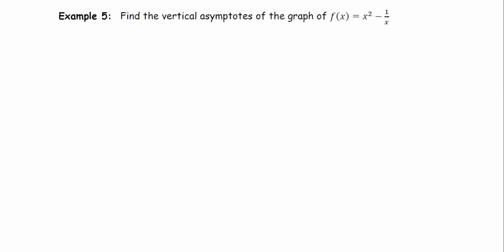So find the vertical asymptotes of the graph of f of x equals x squared minus 1 over x. So I know that if this has a vertical asymptote, it's going to end up being at x equals 0. So that's where this denominator would be undefined.